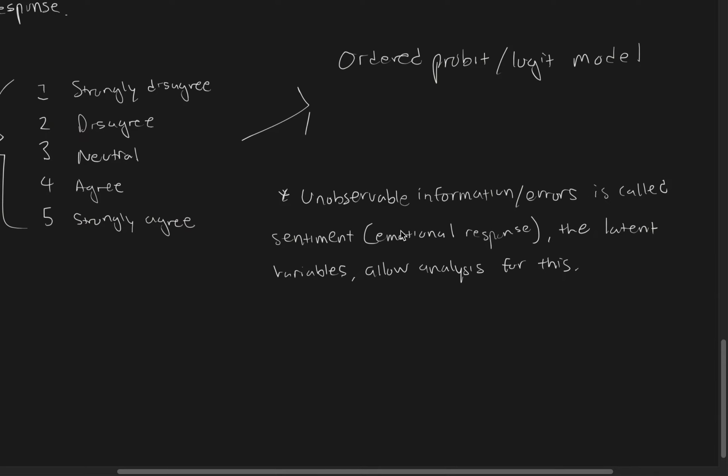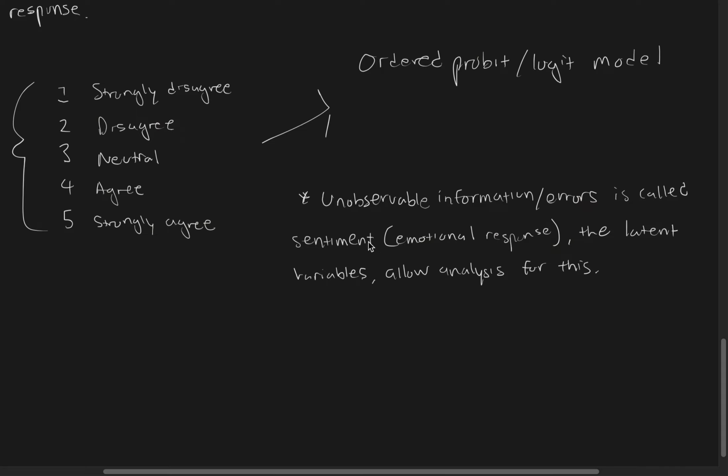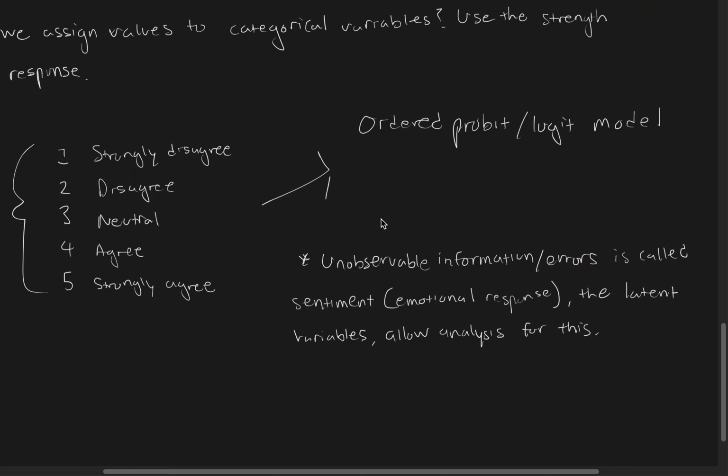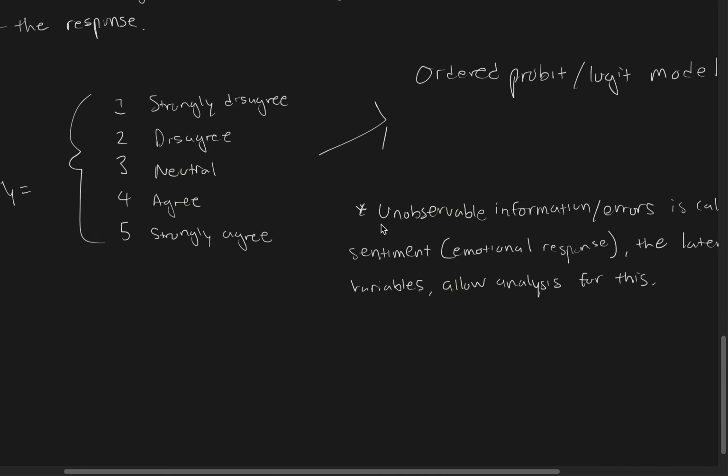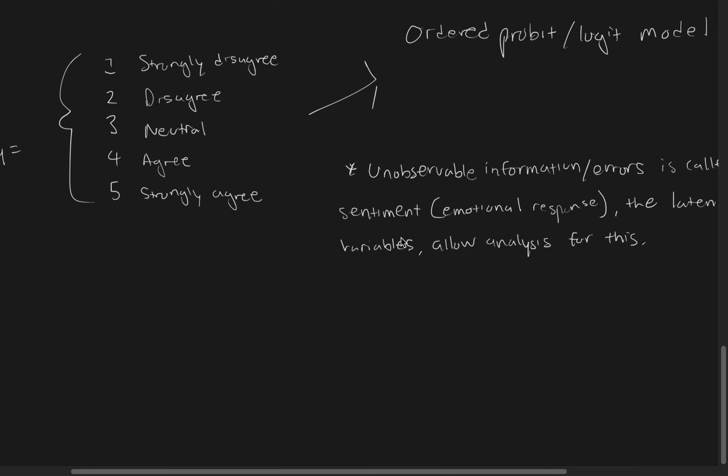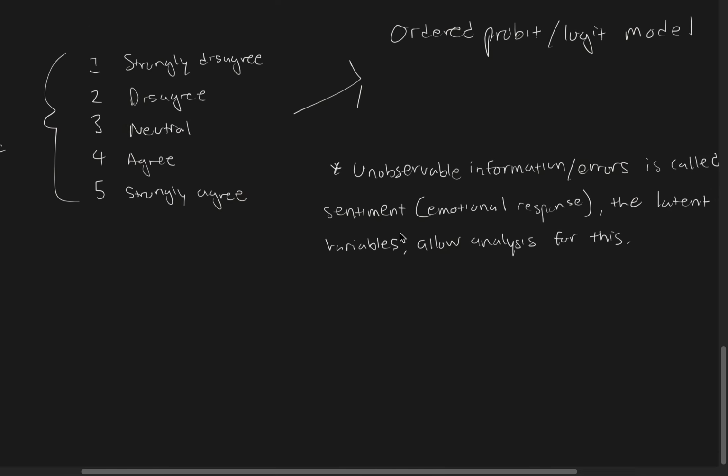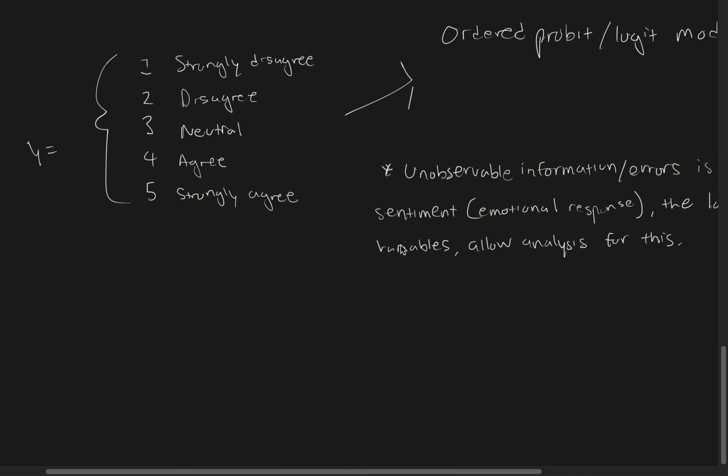And the way we determine that is called the latent variables. I don't have the algebraic formulas or how we can analyze using the latent variables, but that's what we'll call it for now.